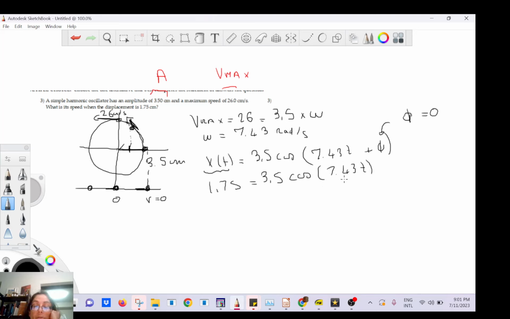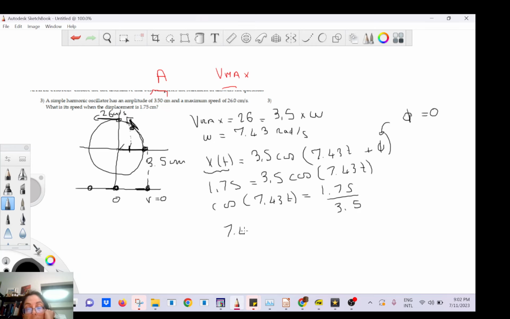So we're going to solve for this, and you have to switch to radians, right? So cosine 7.43 t equals 1.75 divided by 3.5.